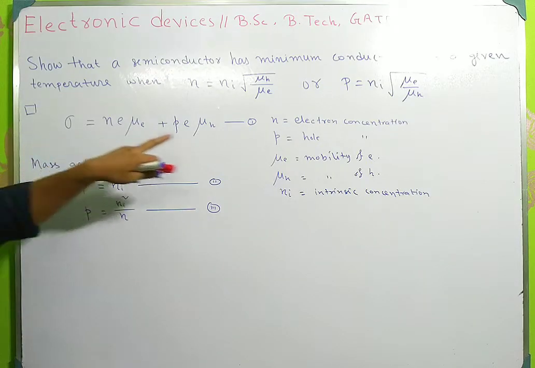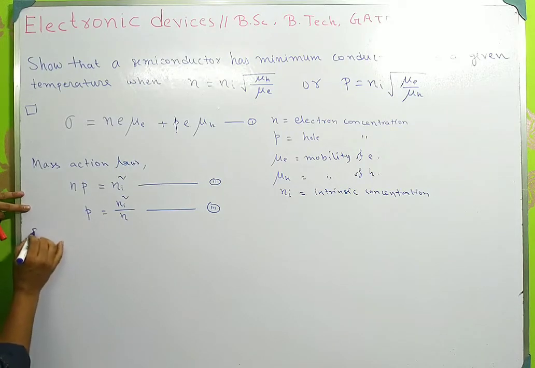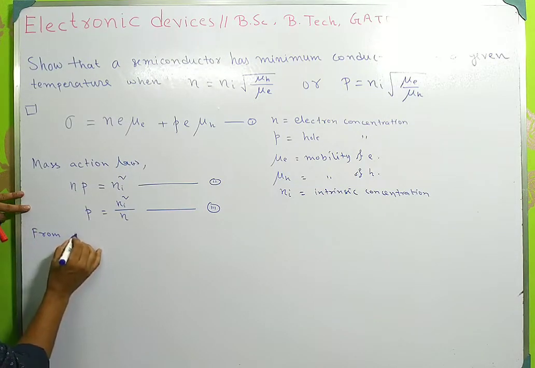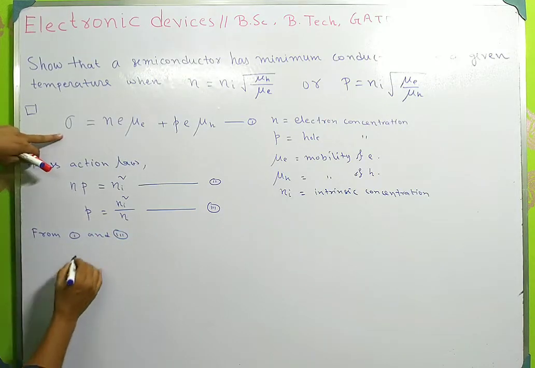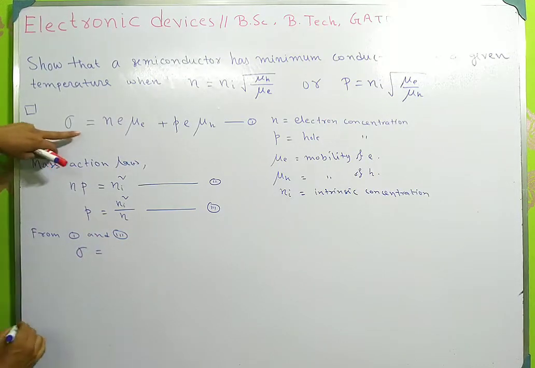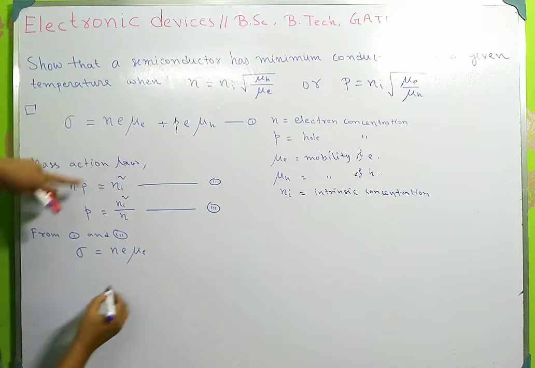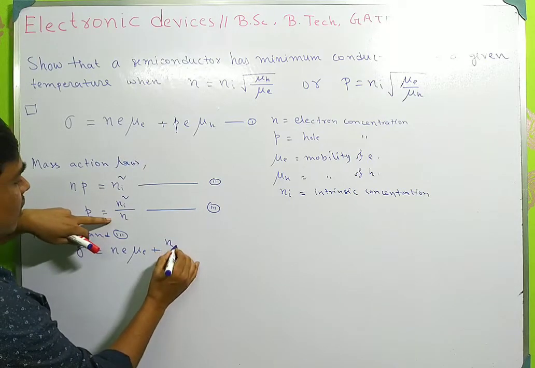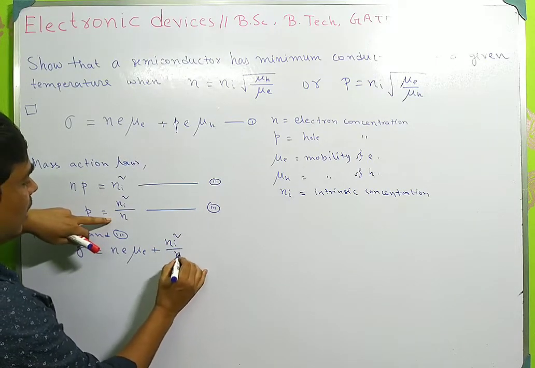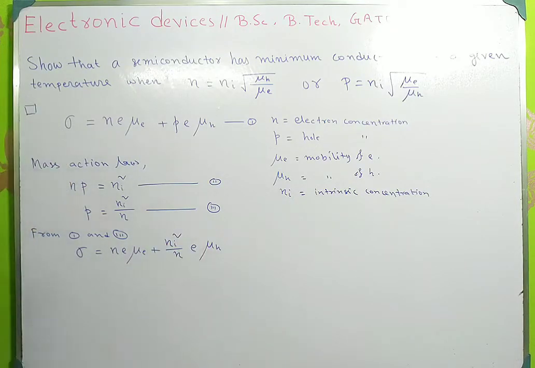So from equation number 1 and 3, we get sigma equals n e mu e plus, this is p, so ni square by n e mu h.